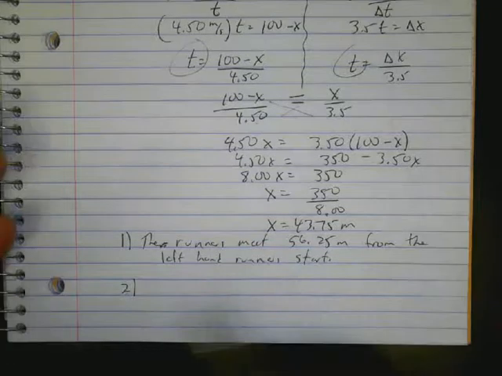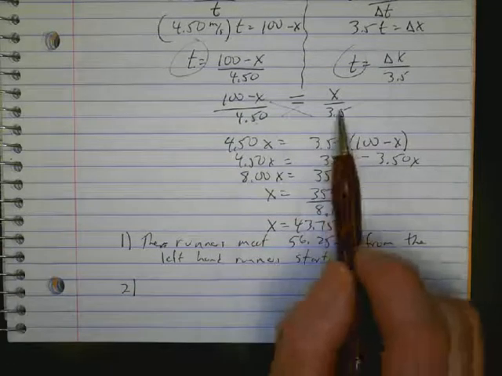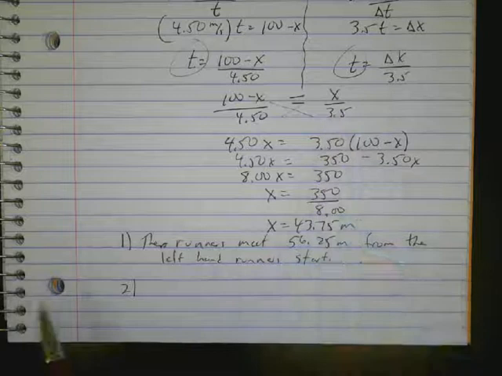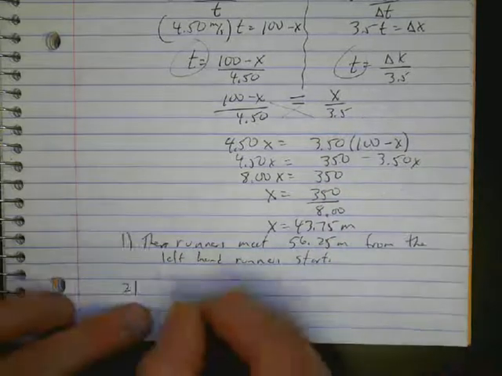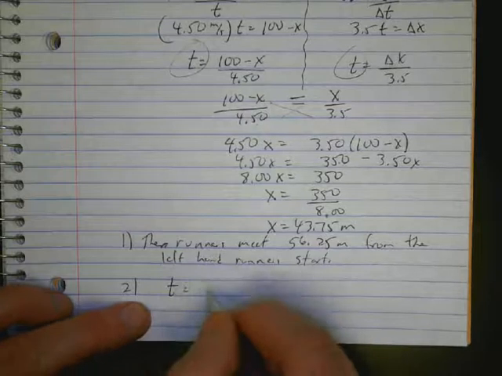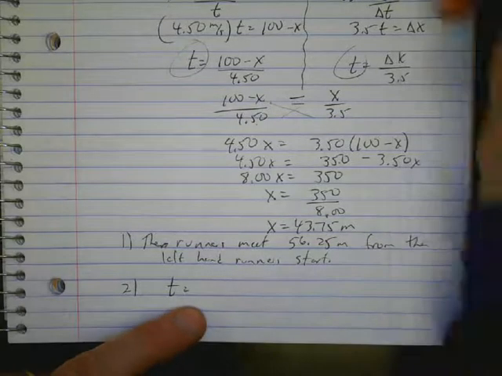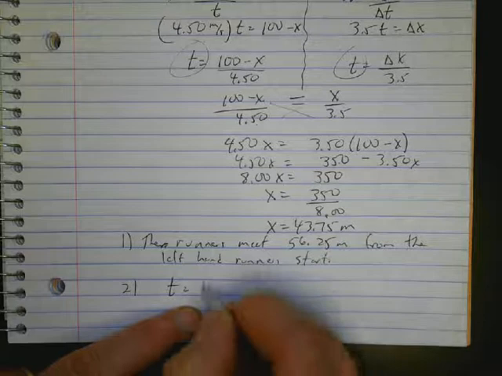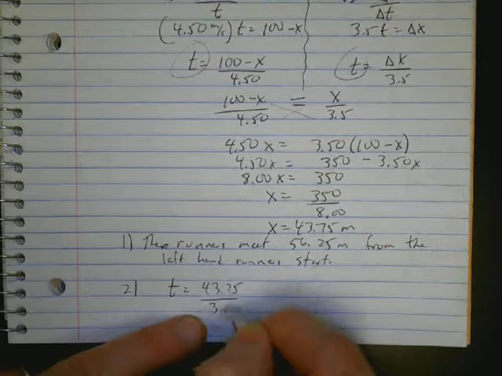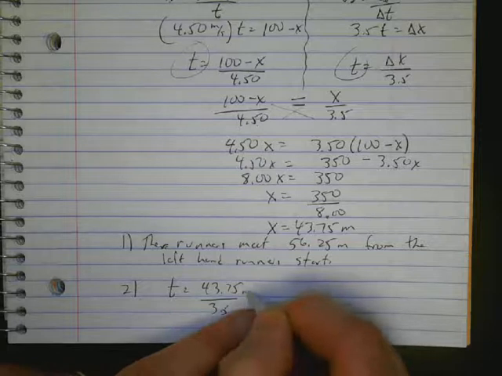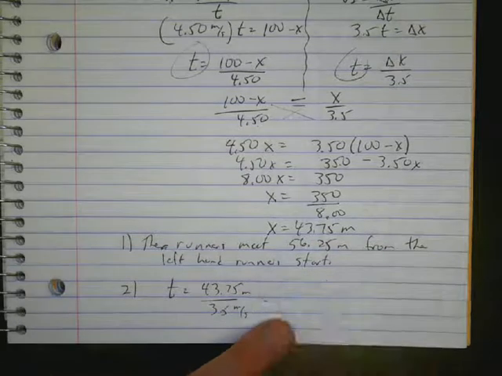And then how long will it take? Here's what I tell my students. Pick the easiest equation. Which is an easier one to solve? That one or that one? Well, that's the easier one to solve. So we're going to solve t equals x over 3.5. So t equals x, and we said that this gal's x is 43.75, and her speed was 3.5.